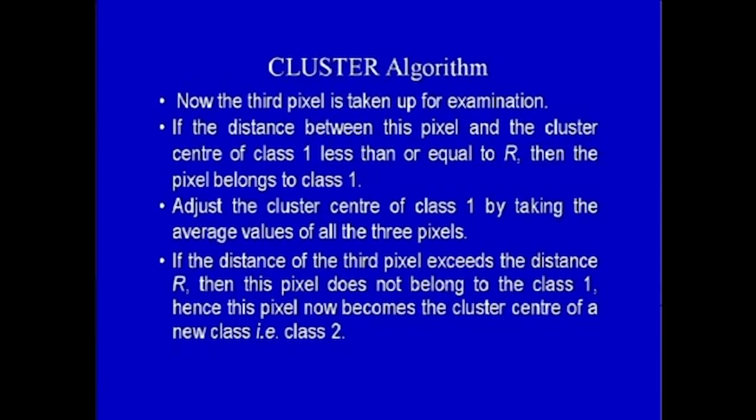Adjust the cluster center of class 1 by taking the average values of all the 3 pixels. If the distance of the third pixel exceeds the distance R, then this pixel does not belong to class 1, and hence this pixel now becomes the cluster center of a new class, that is class 2.